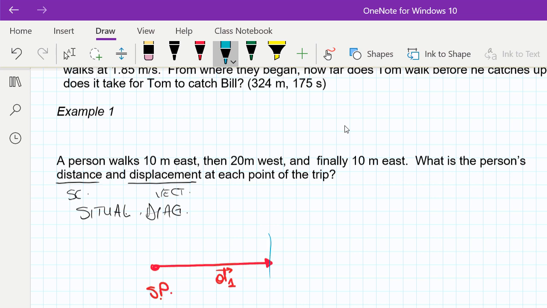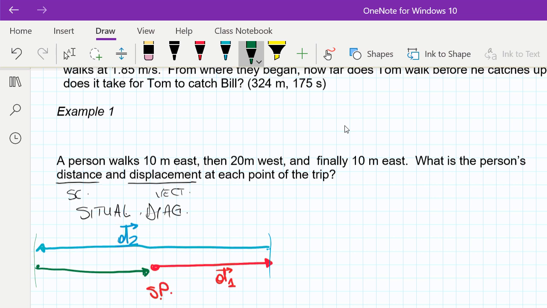And then from here, it is going 20 meters west. So 20 meters west. This is D2, and again, it is a displacement. Why? Because it is telling you the direction. And then the third part of the motion is 10 meters east. D3.